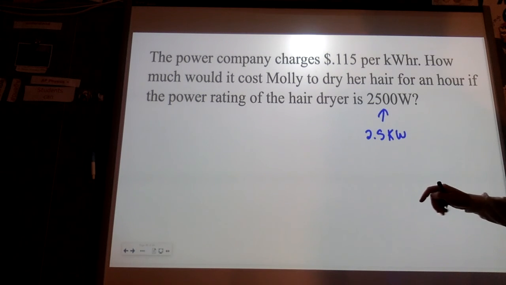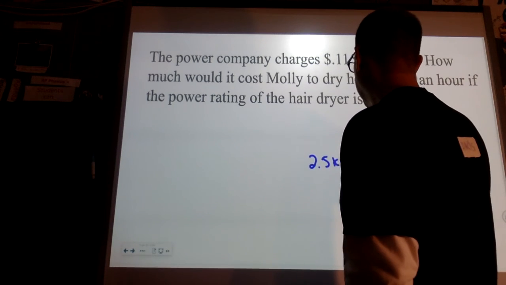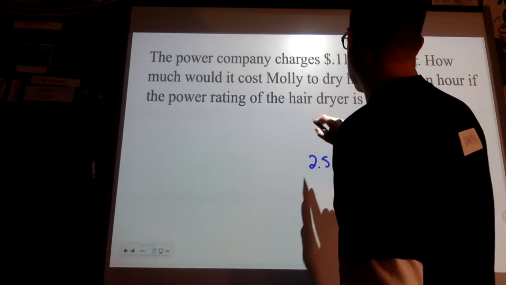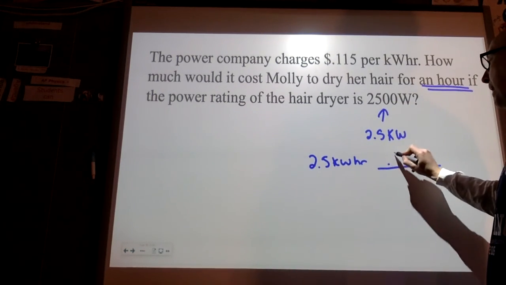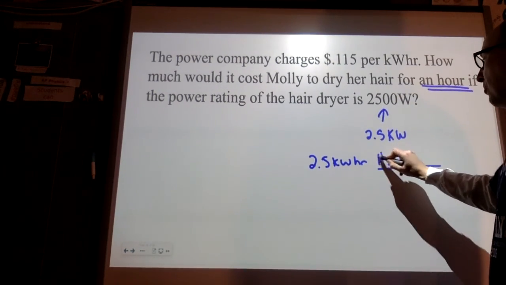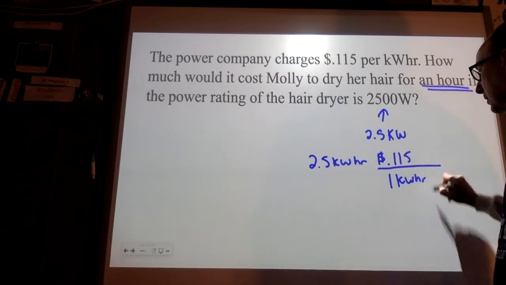And so to find out how much it would be, I would have 2.5 kilowatt hours, because we're saying it's 1 hour, multiplied by 0.115, so 11.5 cents per 1 kilowatt hour.